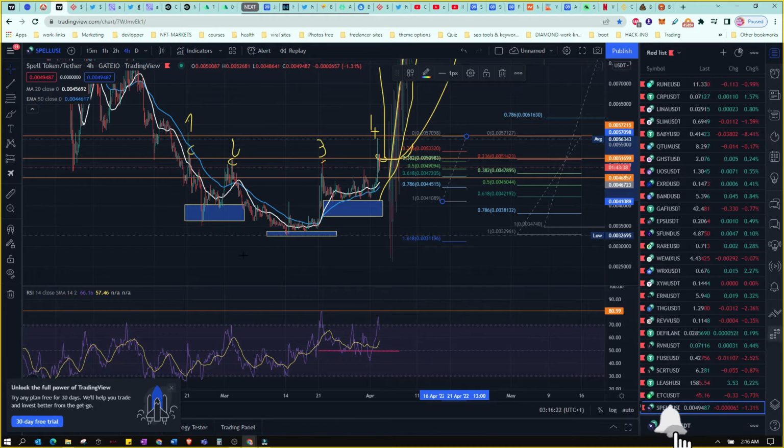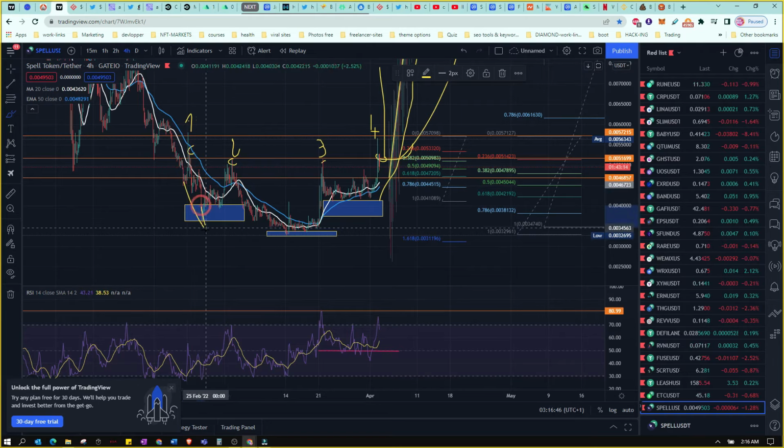So first of the thing, as we came from here, all right, then we broke the resistance right here, this line, but we came down and we tried to correct above the last resistance right here. It didn't work, and then we hit it up down, right?